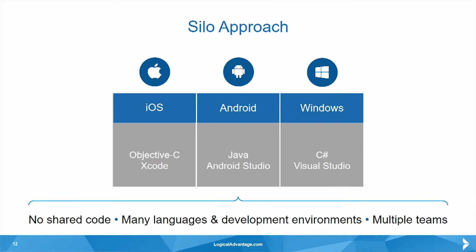You have multiple teams, multiple code bases. It's expensive and slow. One positive is you get great apps delivered to that user's platform that take advantage of all the native features, but the negative is that your development's hampered by multiple code bases and fragmentation.